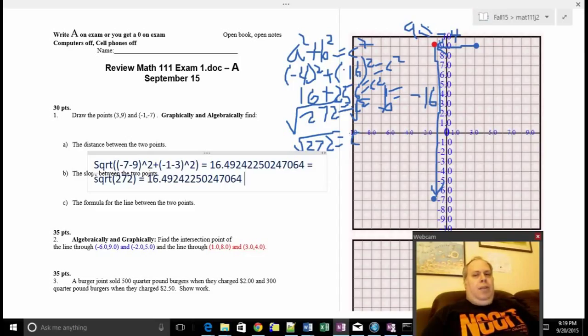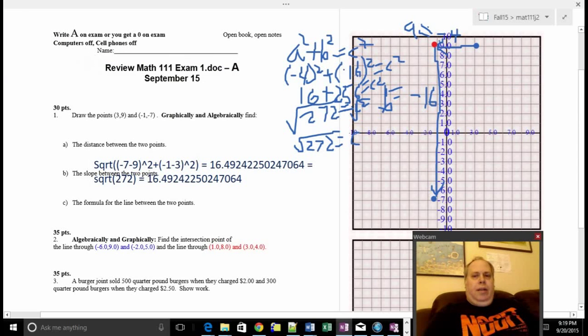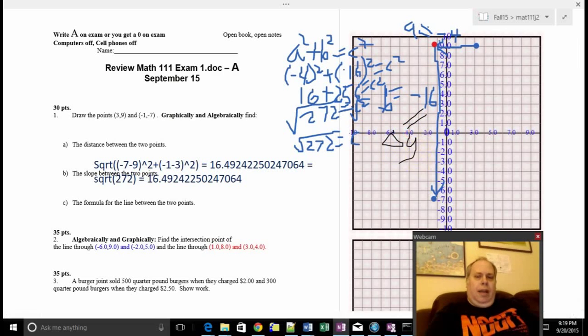Now I gotta do the slope. Okay, so let's attack the slope. I can use the same graph to attack this slope graphically. So what I'm going to do is say negative 16 here is delta y, and negative 4 is delta x.